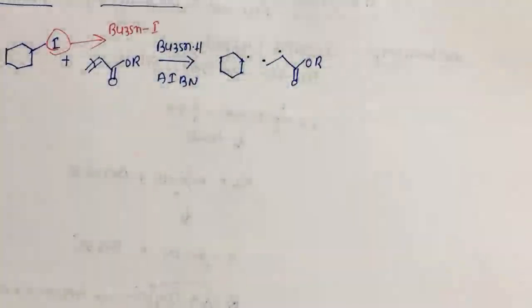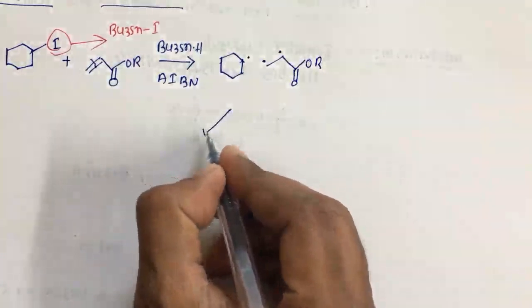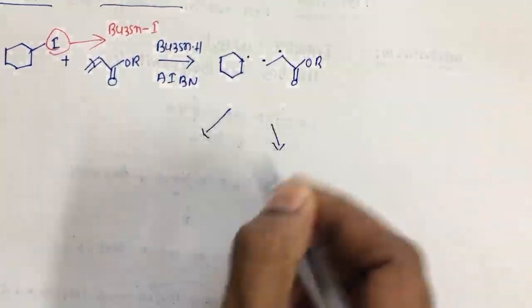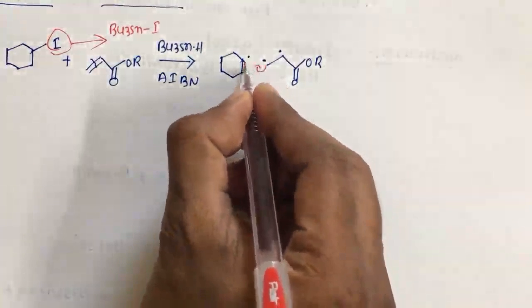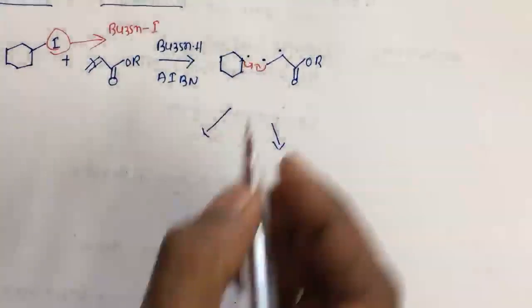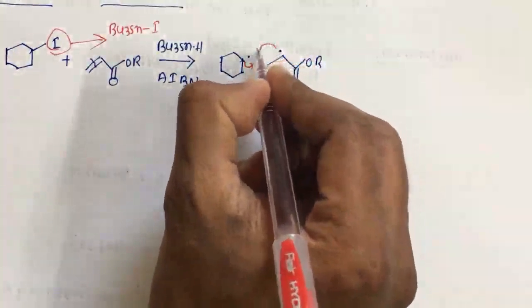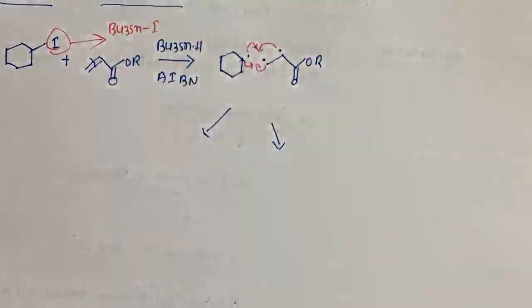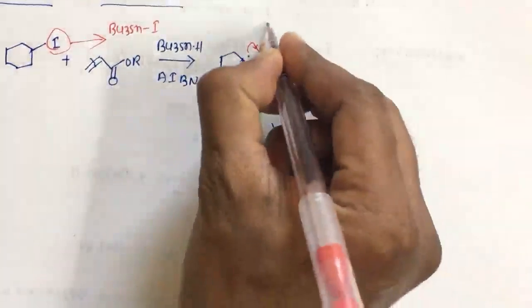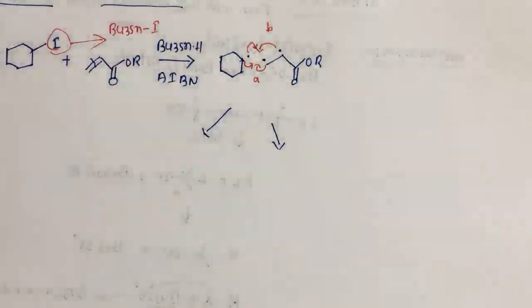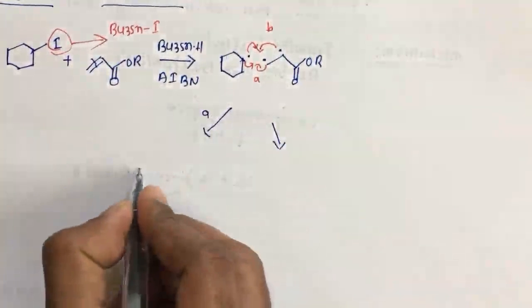Now there are two possibilities: in the first case imagine this forms a bond with this free radical, and in the second case imagine that this free radical forms a bond with the other. Take this one as A, this one as B.